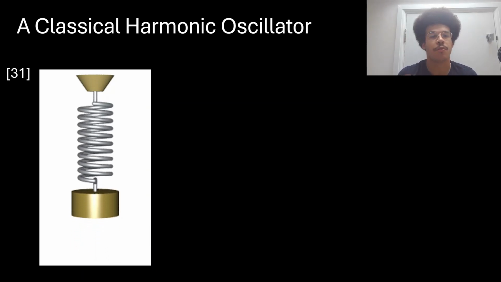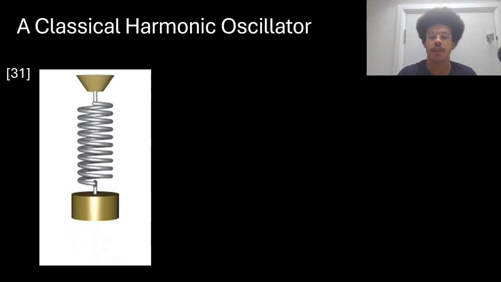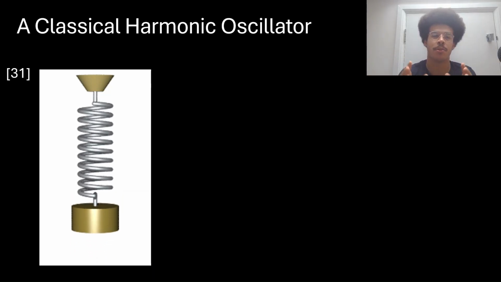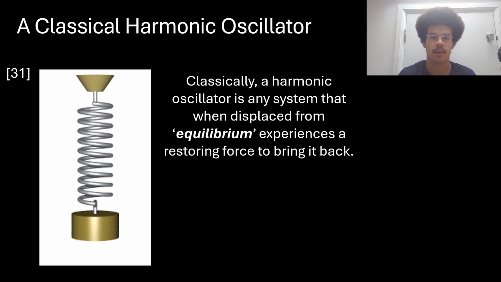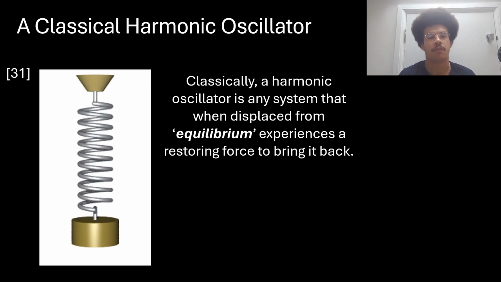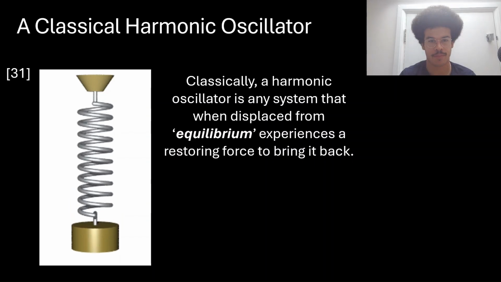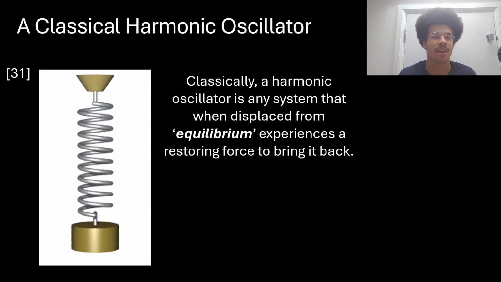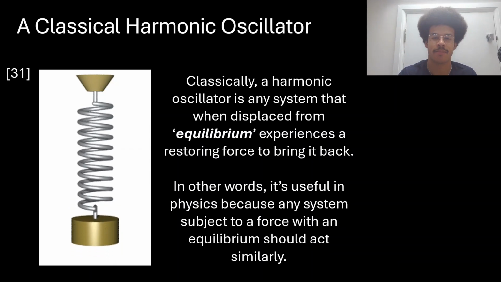Anything that can move up and down and experiences a force proportional to how far it's been displaced from its most comfortable state. And we call that most comfortable state the equilibrium. So if you want a very formal definition, you can say it's any system that, when displaced from this equilibrium, will experience a restoring force to bring it back.